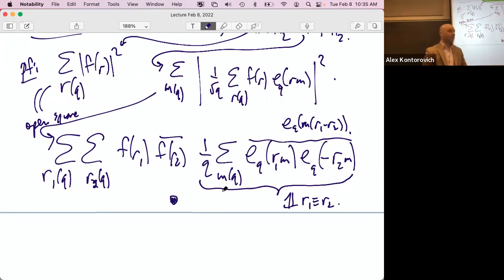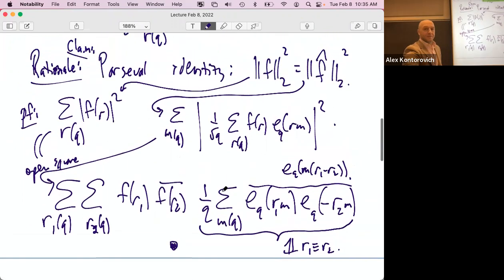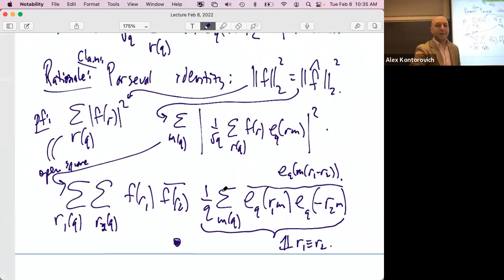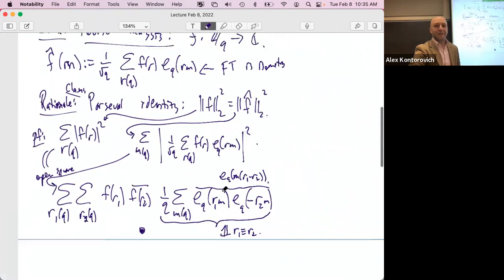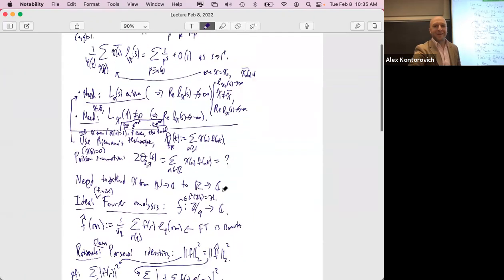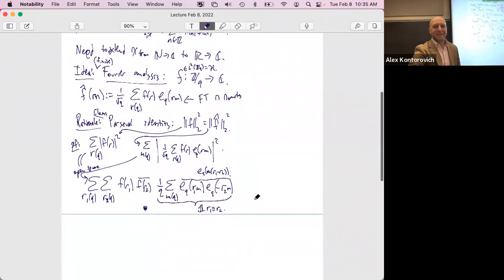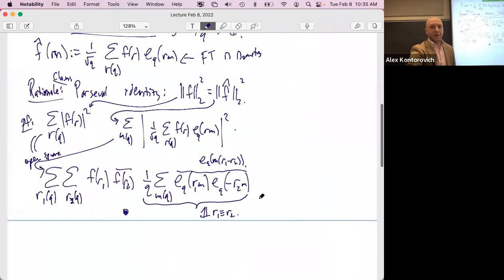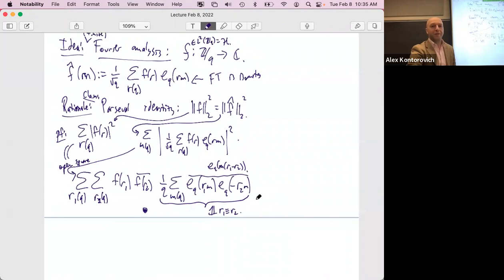Wait, so in the very general Parseval, not very general, but saying like the L2 of R case, does this technically work just the same way? Well, you mean the proof? Yeah.